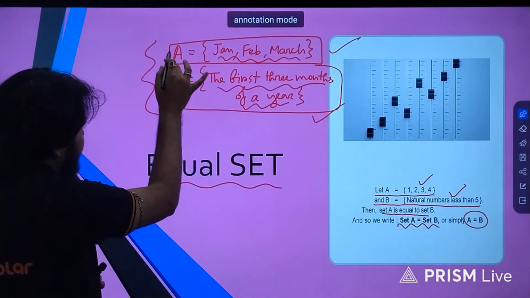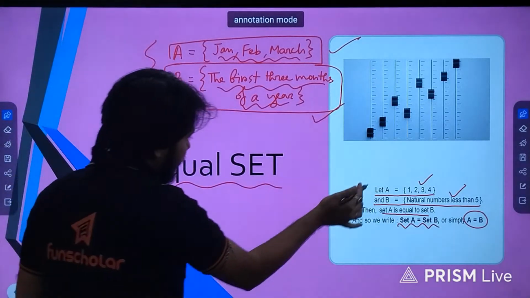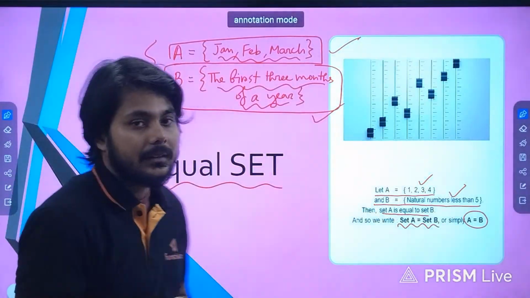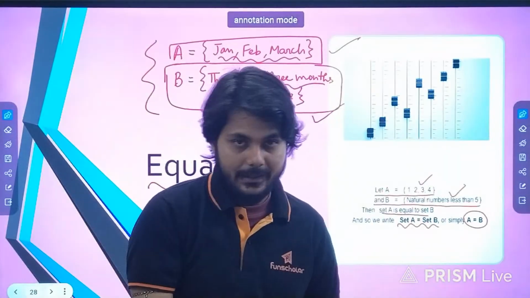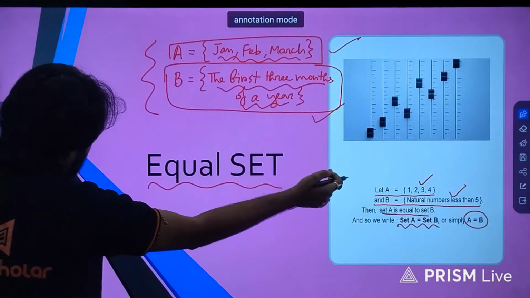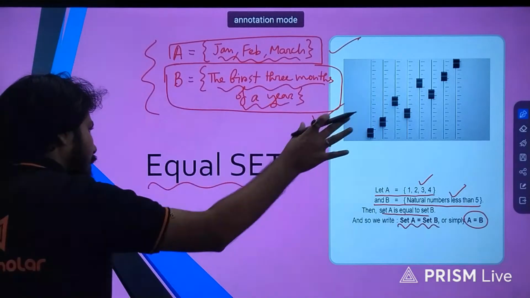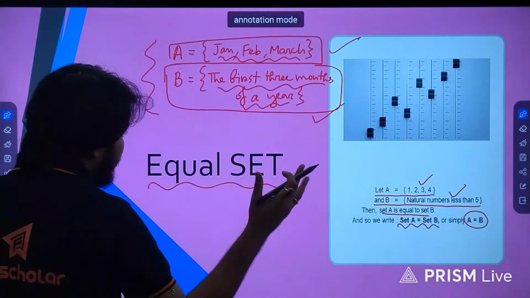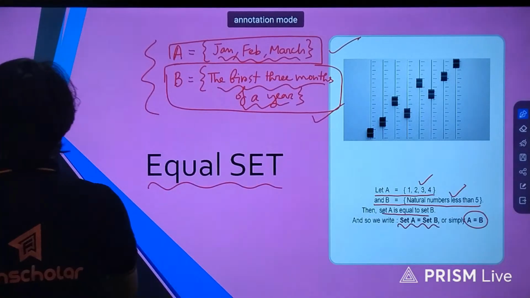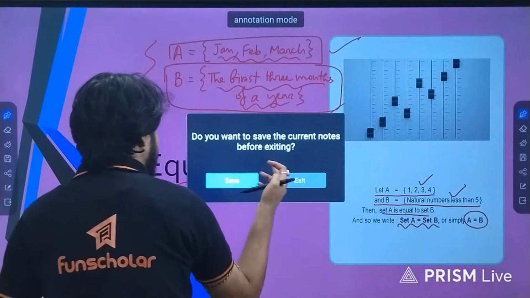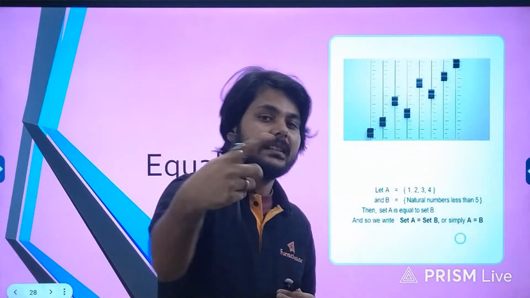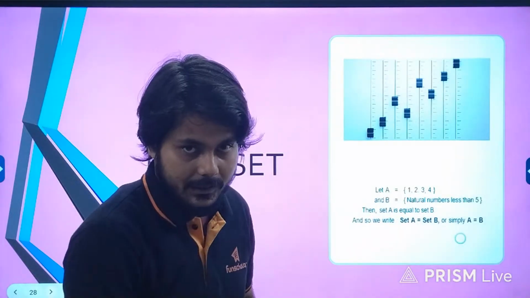These two, A and B, are equal sets, and these two are also equal sets. Why? Because they have the same number of elements, and the elements are also same. Let me know in the comments, or give another example of equal sets in the comments.